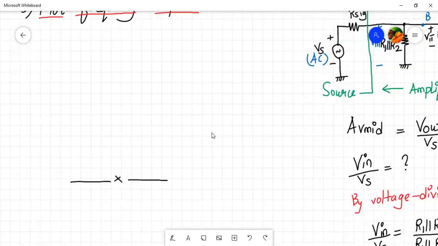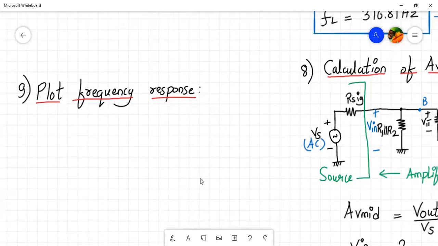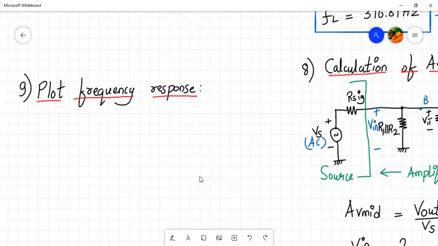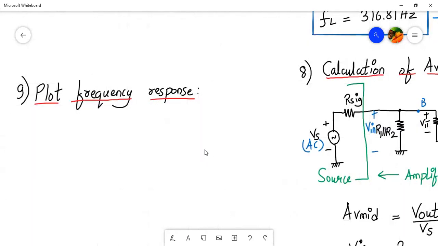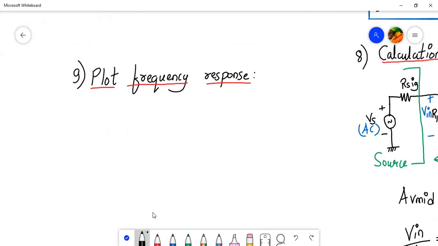Now, the final step is to plot the frequency response. We know that FL1, FL2, that is FL of CC1, FL of CC2, and FL of CE, will support a kind of graph which looks something like this. Okay, so let me take black color and plot the graph like this.